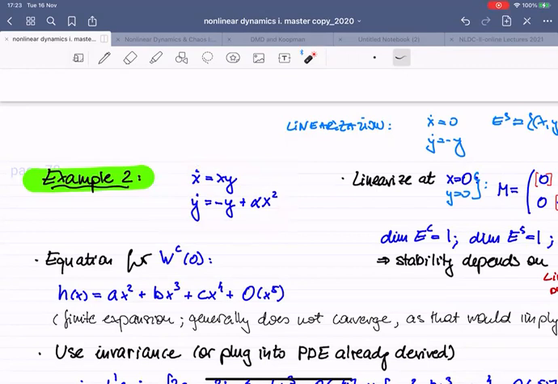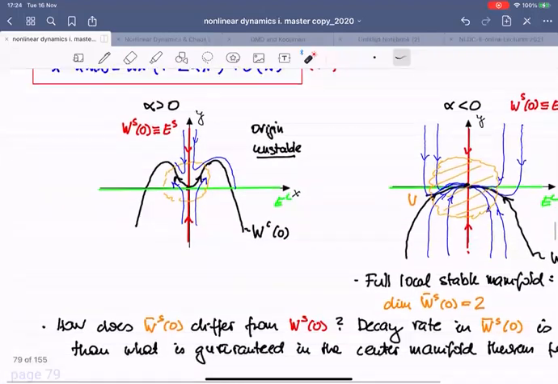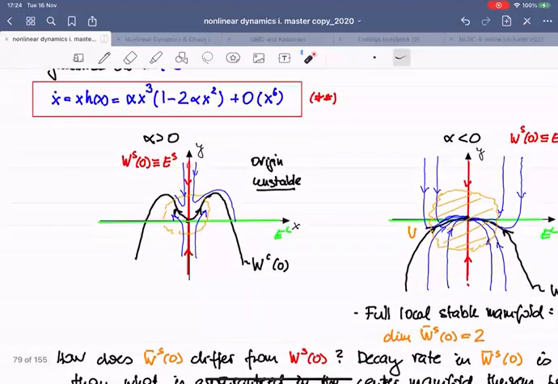Because if I plug in x equals 0, doesn't matter where I am with y, x equals 0 stays x equals 0. So how do I see that? Here's the x equation that would describe if it changed, but then I plug in x equals 0, then it doesn't matter what y is, x just stays 0. So that means that x equals 0, which is this line, is an invariant line for the ODE.